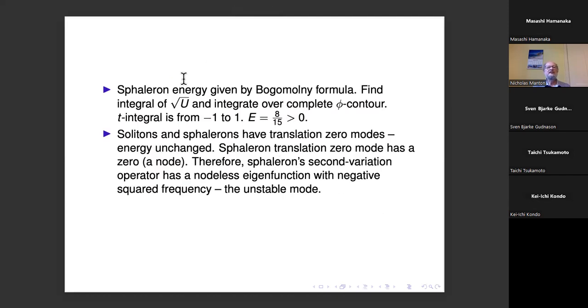So the Sphaleron energy is still given by this Bogomolny formula involving this W function. So you find the integral of root u, that gives the W function, and you integrate over the phi contour. You've got to be, again, careful about the branch point. You've got to go around the branch point. You can change variable to the t parameter, which I did here.